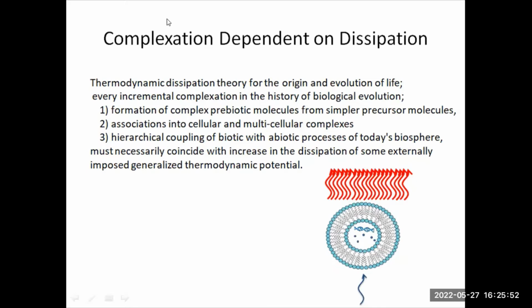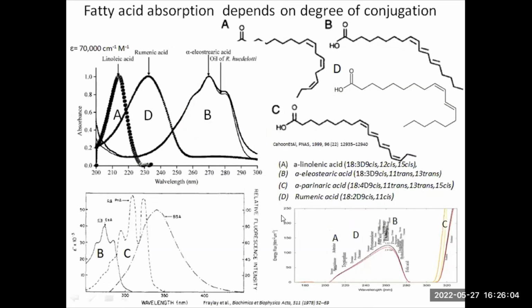So for any kind of complexation to occur, and these are the three basic ones, we have to show that there could be an increase in the dissipation of photons or some other generalized chemical potential. But in this case, at the origin of life, we're talking about photons in the UVC. So as I mentioned at the beginning, the absorption of the photons, the wavelength, depends on the degree of conjugation.